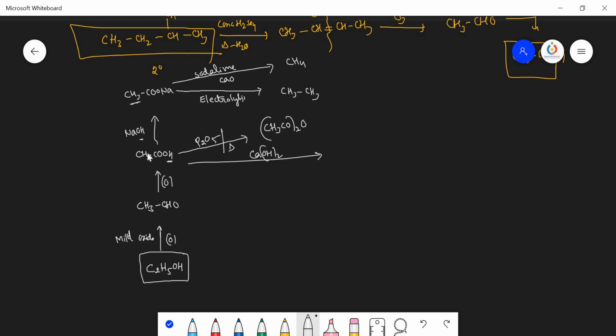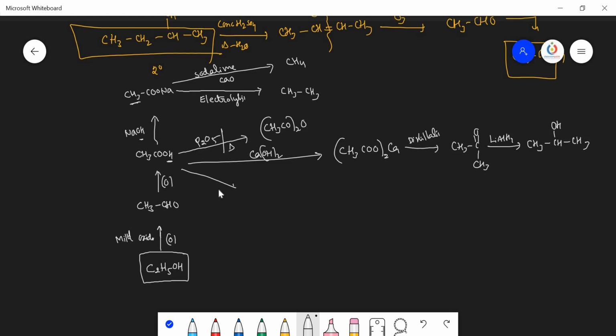You will get (CH3COO)2Ca, calcium acetate. This calcium acetate on distillation gives the important molecule acetone. Acetone on reduction with lithium aluminum hydride gives isopropyl alcohol. We have converted ethyl alcohol into isopropyl alcohol using this method also.